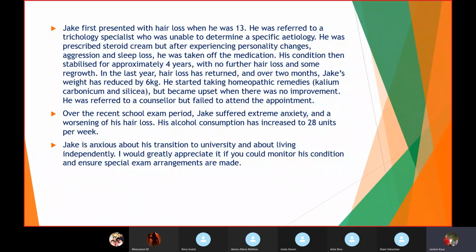I'm telling the person that during the recent school exam, Jake experienced extreme anxiety and a worsening of hair loss. His alcohol consumption has also increased to 28 units per week. And a special exam room was arranged due to his increased anxiety. Now, this paragraph gives me the clarity why he needs that.